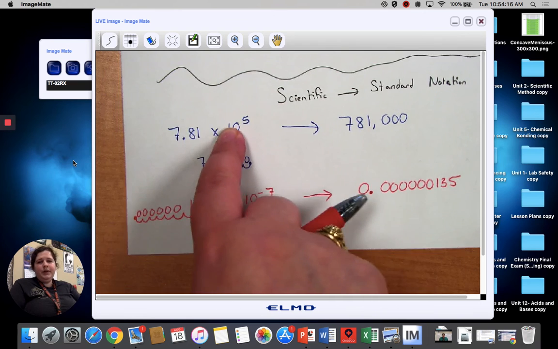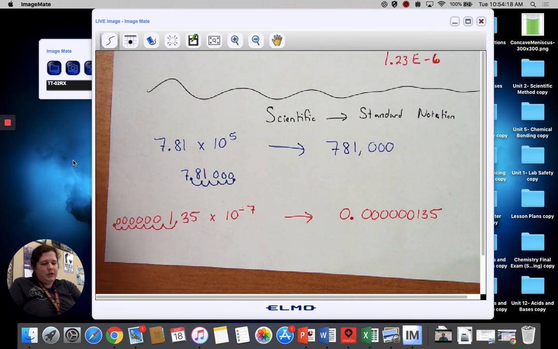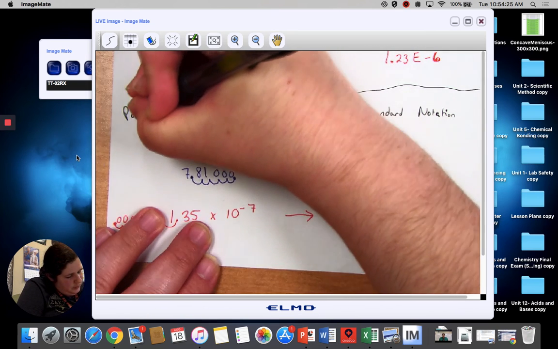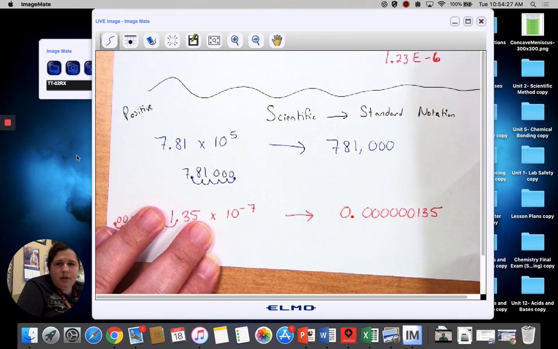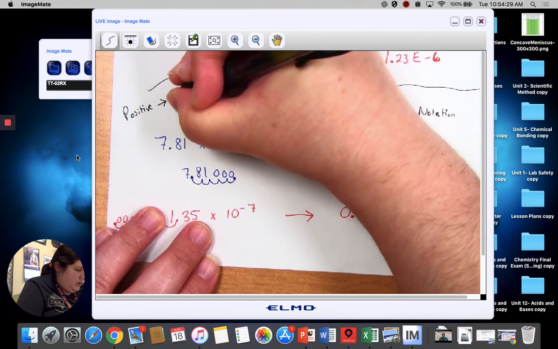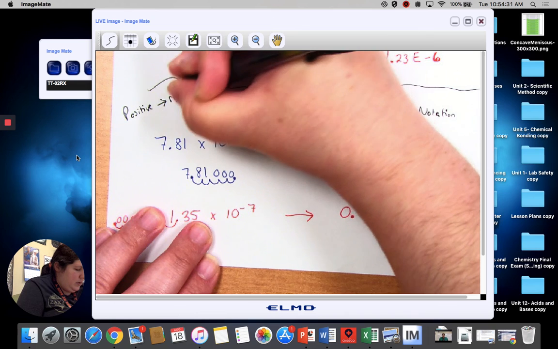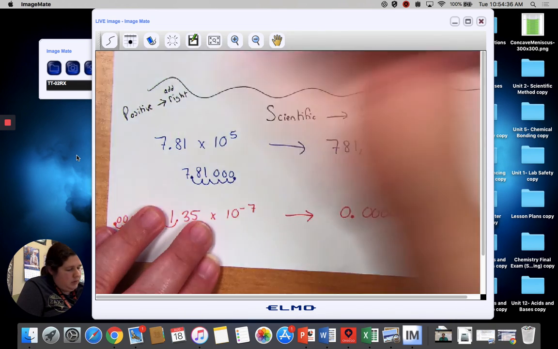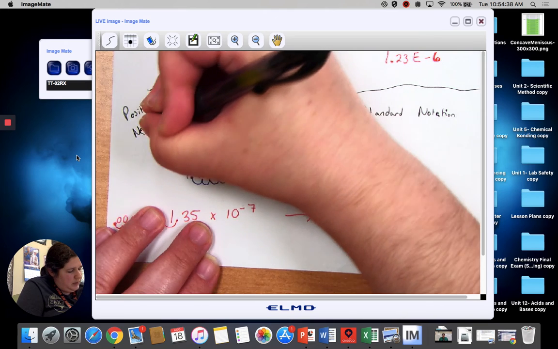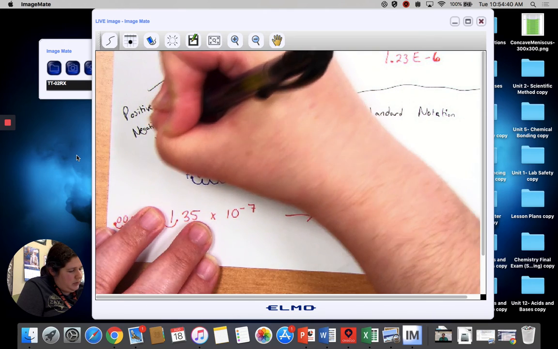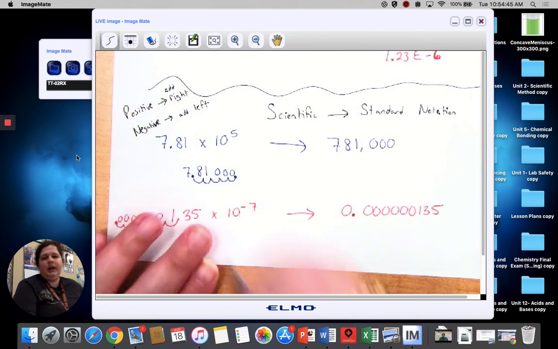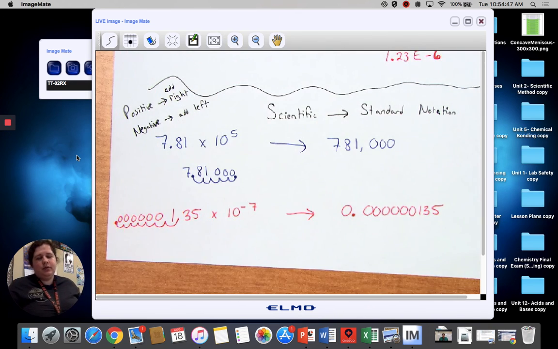So a quick rule of thumb for scientific to standard notation, if it is a positive exponent, you're going to go to the right, so add right. If it is a negative exponent, like the bottom example, add to the left. Okay, and that's when you're adding your zeros.